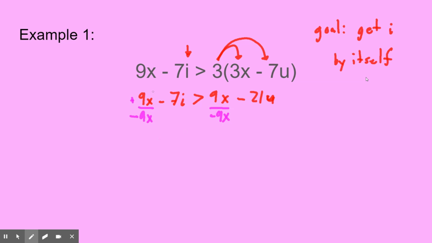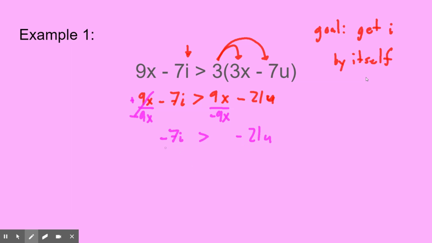If we do so, 9x minus 9x is just 0. 9x minus 9x over here is also 0. And we're left with negative 7i is greater than negative 21u. Now, we don't really need the zeros in here, so let's get rid of those. And now we're left with negative 7i is greater than negative 21u.